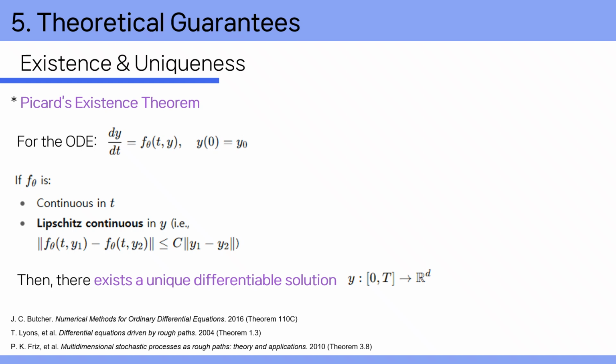Because of this, for most architectures, the existence and uniqueness of solutions are guaranteed. Under mild smoothness assumptions, neural ODEs are well defined, and Picard's theorem provides a theoretical guarantee that a unique solution exists. Similar results also hold for neural CDEs and neural SDEs, so these models are mathematically well-founded. You can find the formal theorems and proofs in the references listed below.